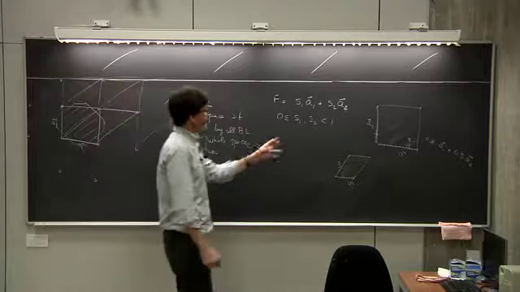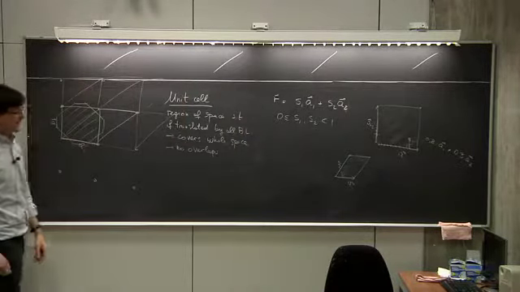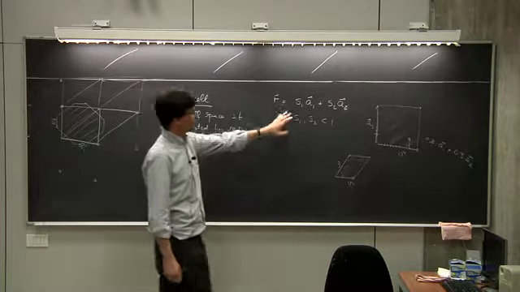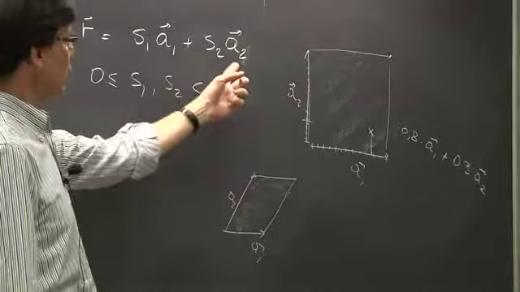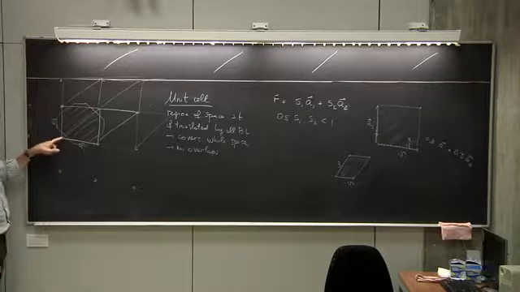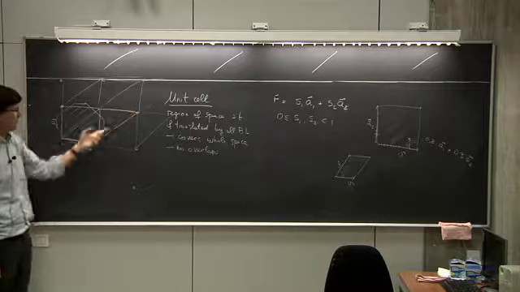So, if you give me the primitive vectors, I can tell you for sure that this is a good choice of the unit cell. And because there are infinite possible choices of the primitive vectors, there are also infinitely many possible choices of the unit cell. The green one, the square one, is equally good as the pink one.